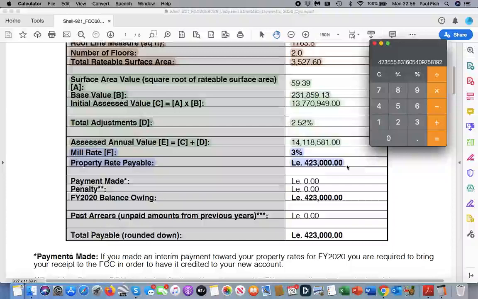We've applied 3% because that's what Council has prescribed for the rate for all domestic properties. For commercial properties, they pay a slightly higher rate of 4%, while institutional properties that are largely government have a mill rate of 2%.